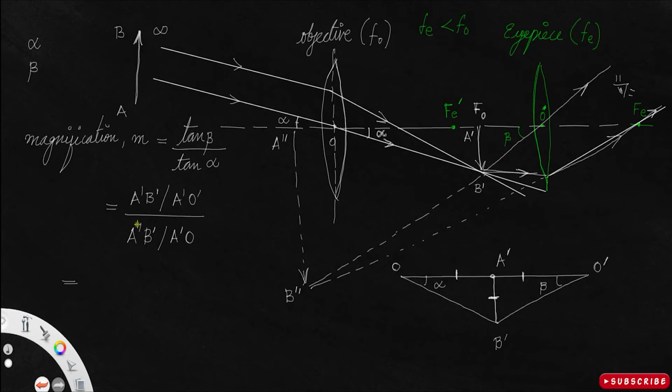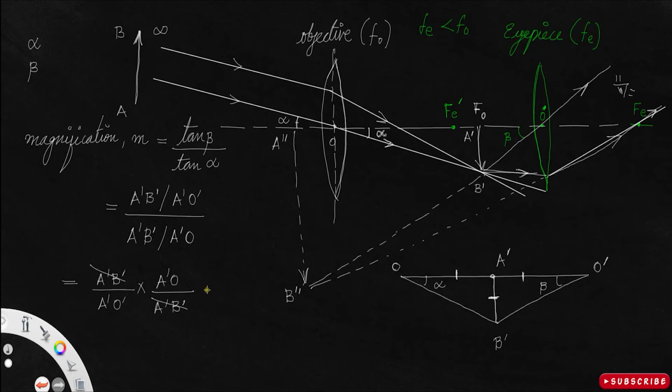Now what I can do is, on the denominator, take the reciprocal and then multiply. That is how I simplify this expression. Clearly these two A dash B dash are equal and they will get cancelled.